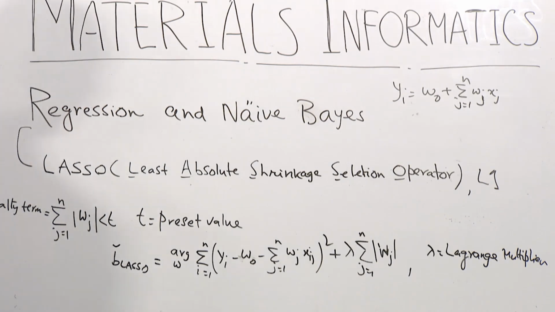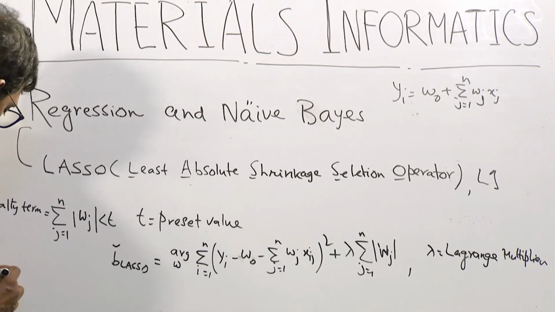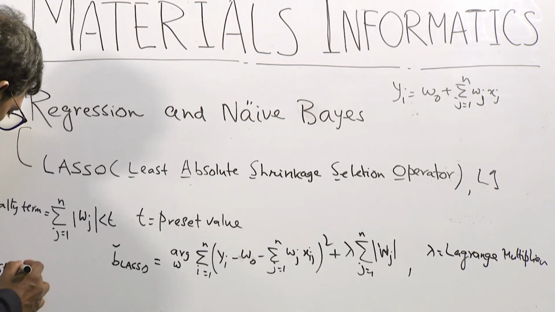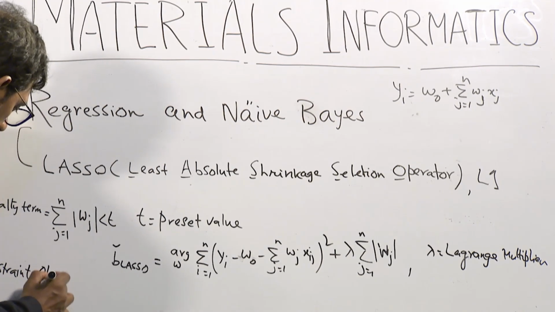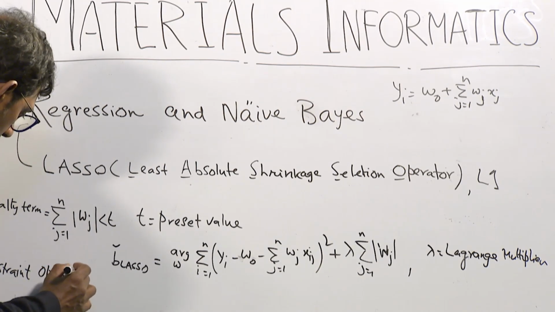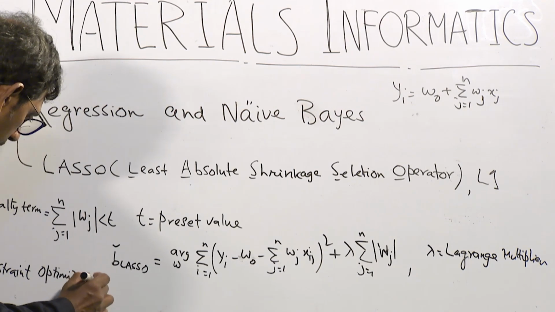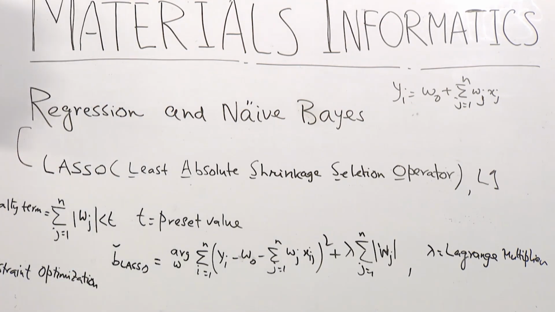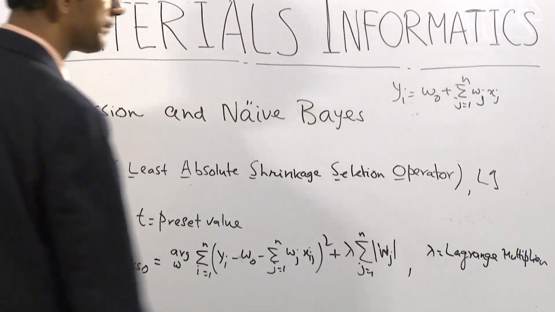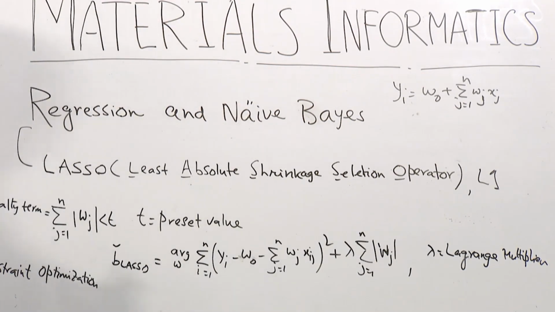This is a concept of constrained optimization, that is a maximization or minimization problem. This requires multiplying the Lagrange multiplier with the constraint we are putting in. So, that is what the lasso is.